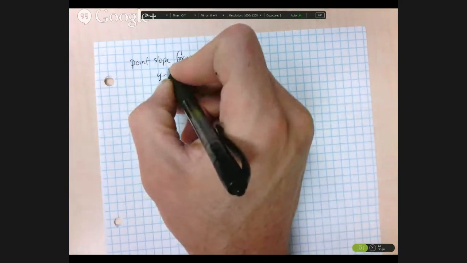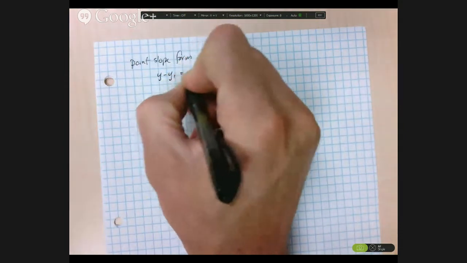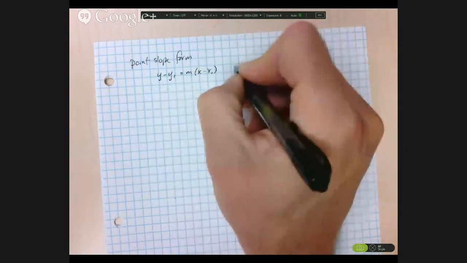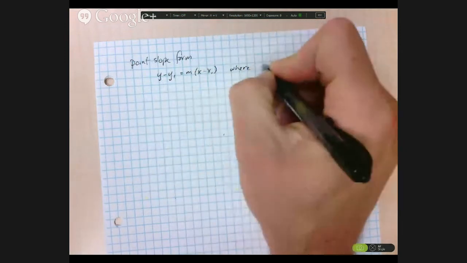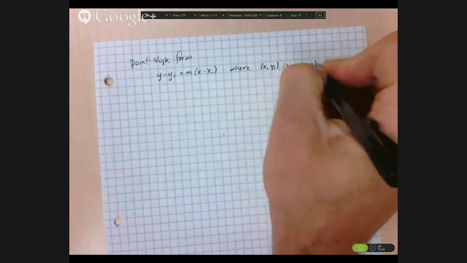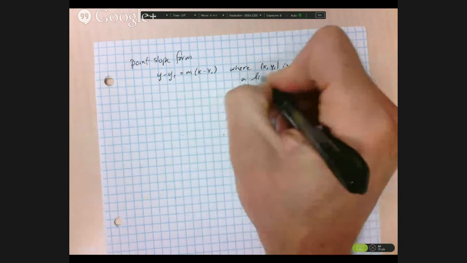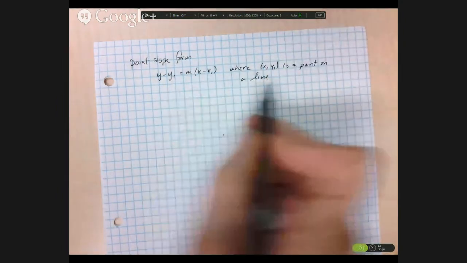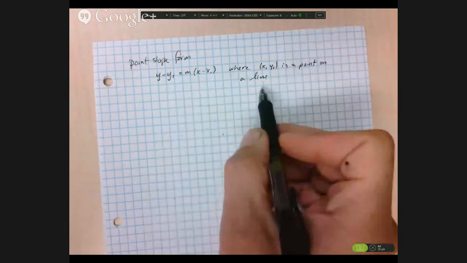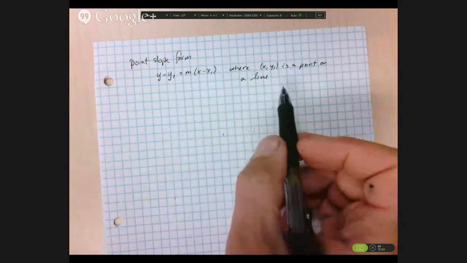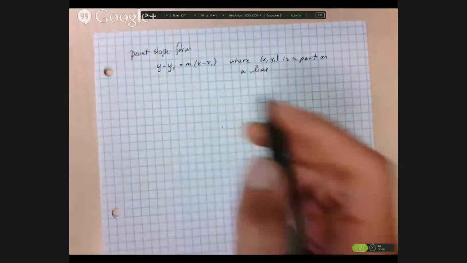We've always taught it a little bit differently than the book. So m is the slope, but x1, y1 is actually a point on the line. So if I give you a slope and a point, you just want to plug them in. Perfectly legal.